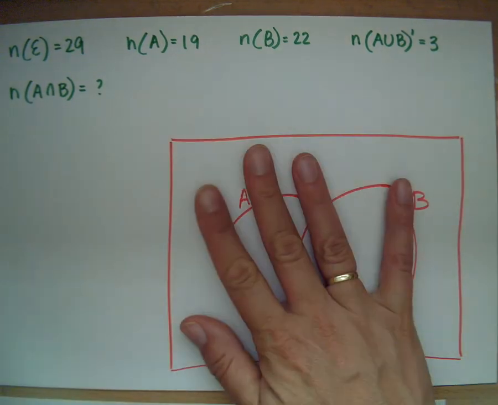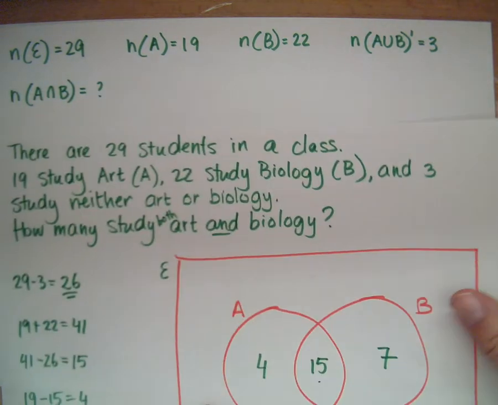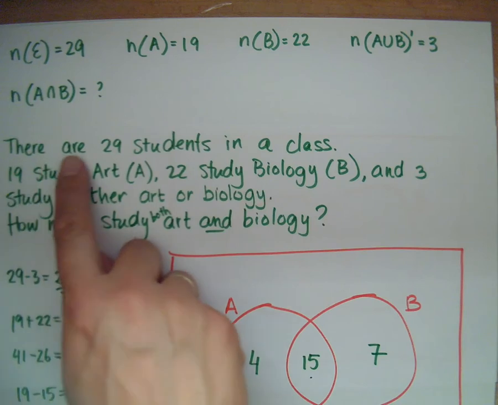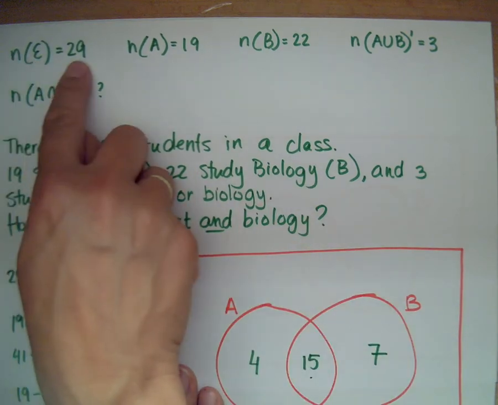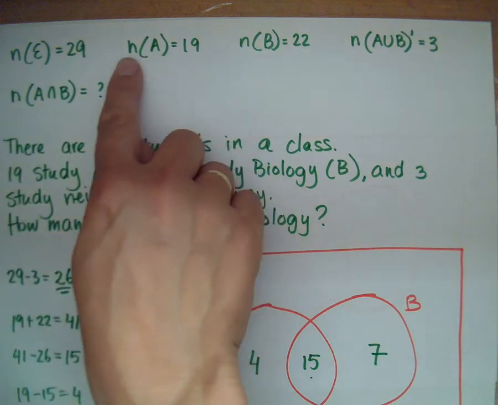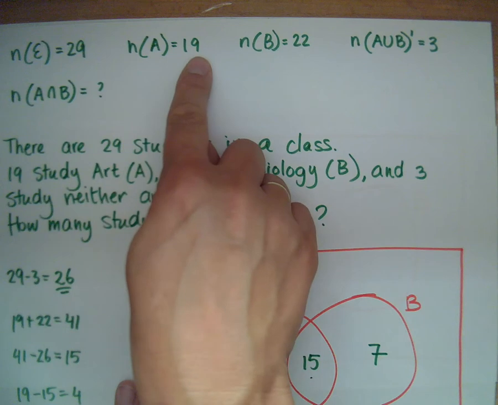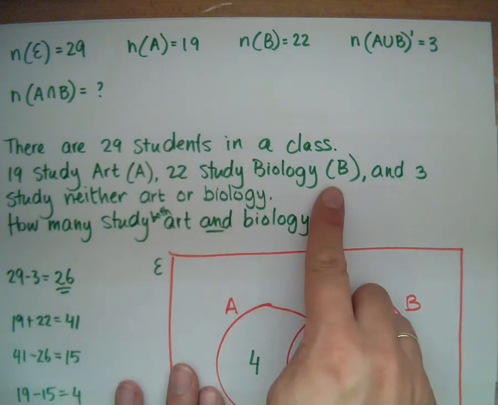So I drew the Venn diagram again. Also wrote the given information. Again, I just wrote it differently. I said there's 29 students in a class. They're the universal set. 29 students in the universal set. 19 art students, so the number of students in art is 19. Number of students in biology is 22.